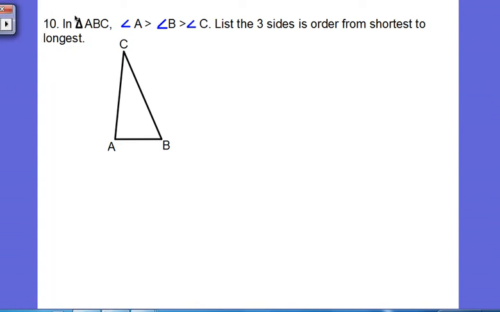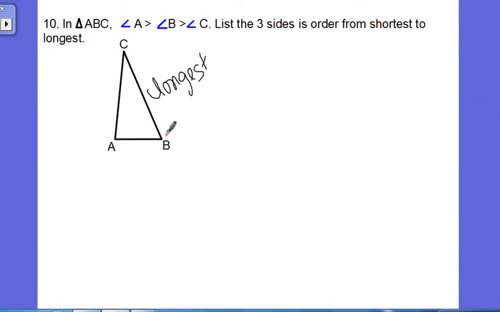Moving on. Next question I want to talk about is number 10. In number 10, you were asked to look at the angles in this triangle and list the three sides in order from shortest to longest. The rule about triangles is that the smallest angle will be opposite the smallest side. So if A is the largest angle, then CB is the longest side.